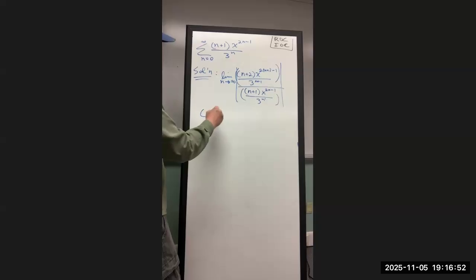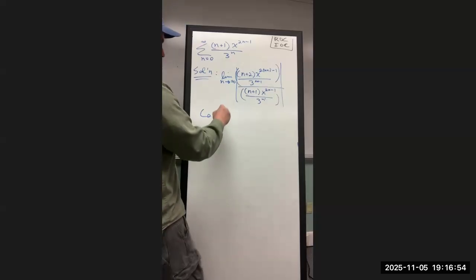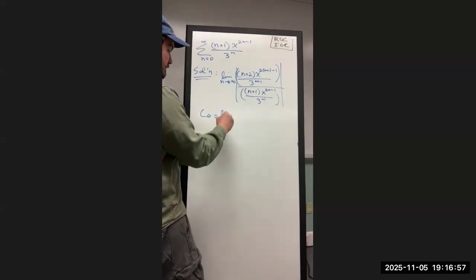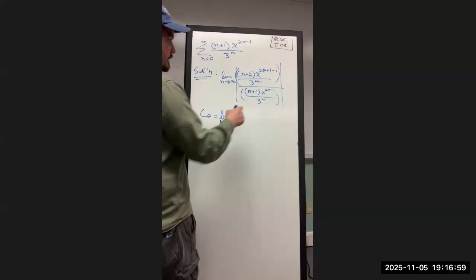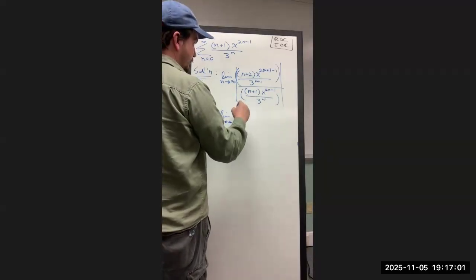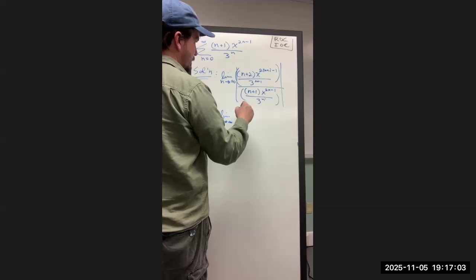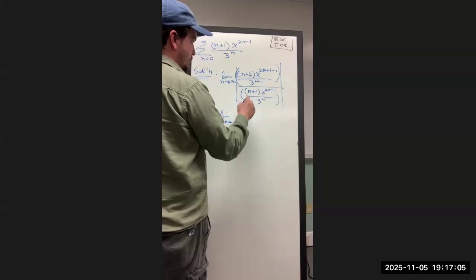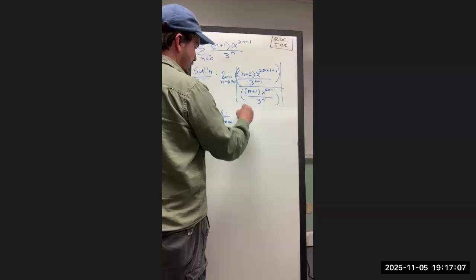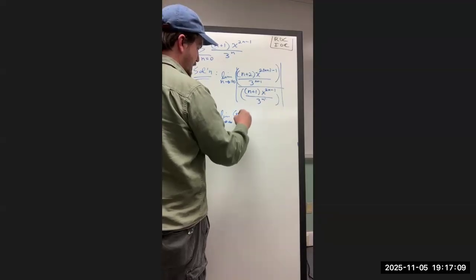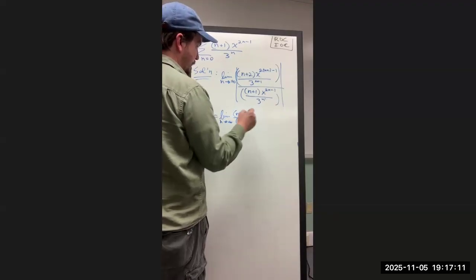And what do we get? This reduces down to the limit as n goes to infinity of (n plus 2) over (n plus 1).